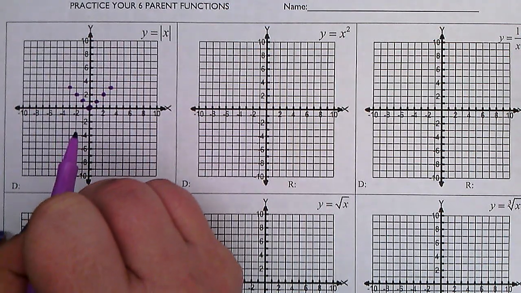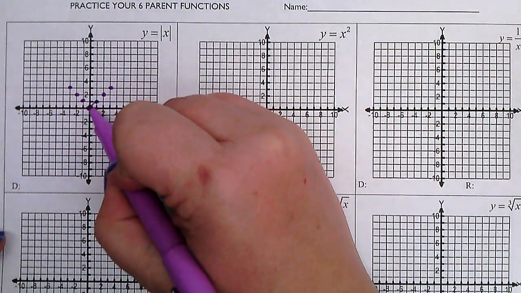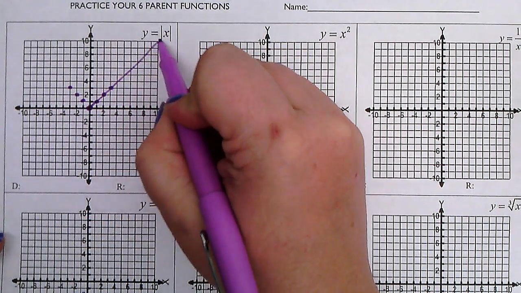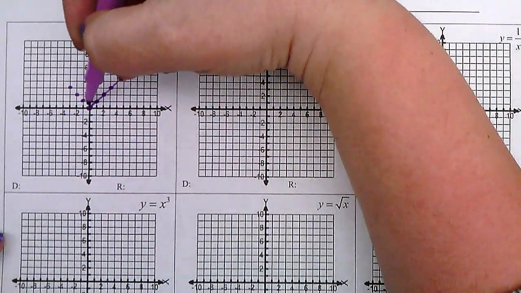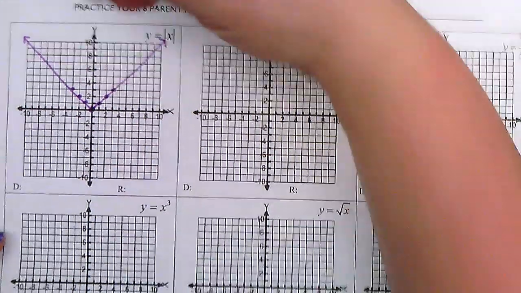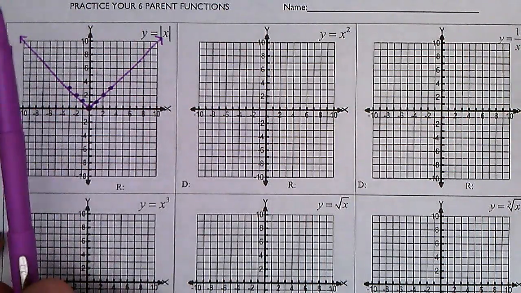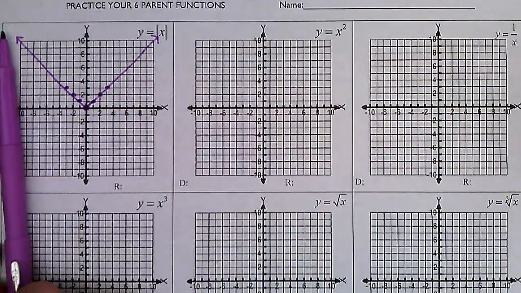And we could continue going on that if we needed to, but I think that's plenty. We connect those ordered pairs together and draw a straight line with an arrow on the end to show that that goes on forever.